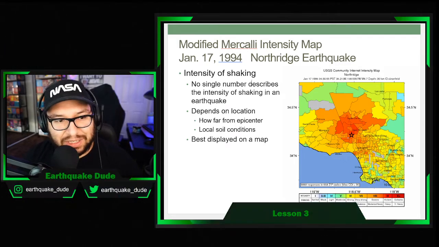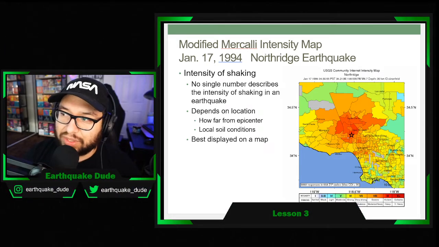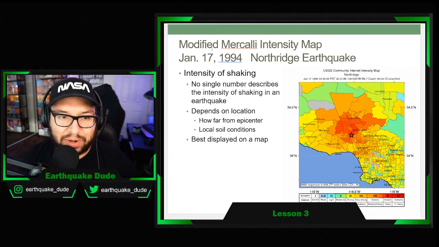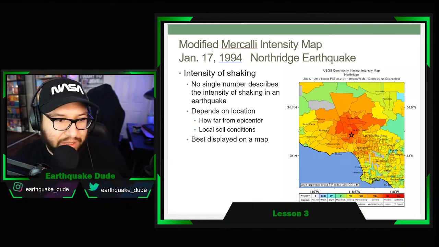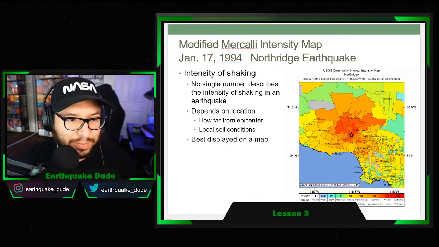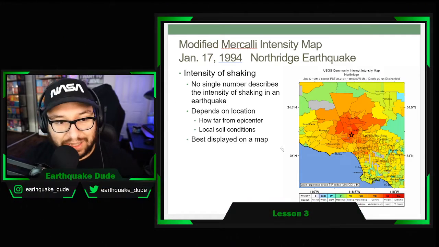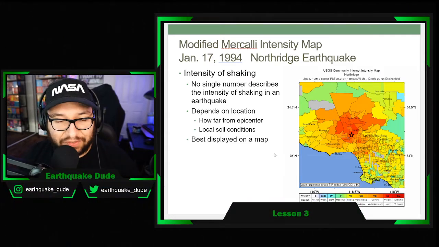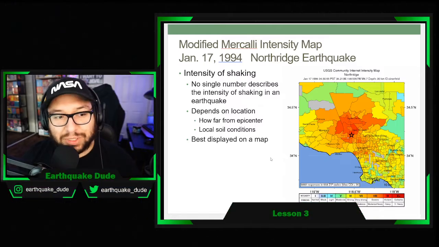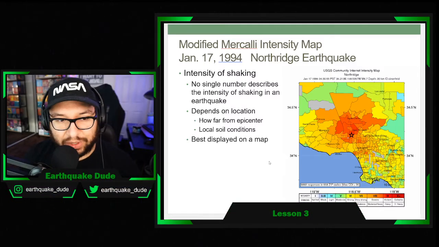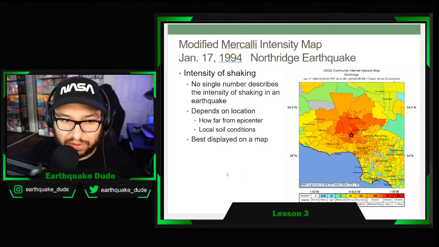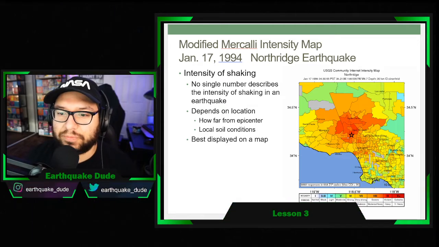But again, this is giving you a lot of useful data, but there is no single number, right? We all know this was a magnitude 7, but just by looking at this map and collecting data from people's experiences of that earthquake, we can't really get a numerical value of the magnitude.